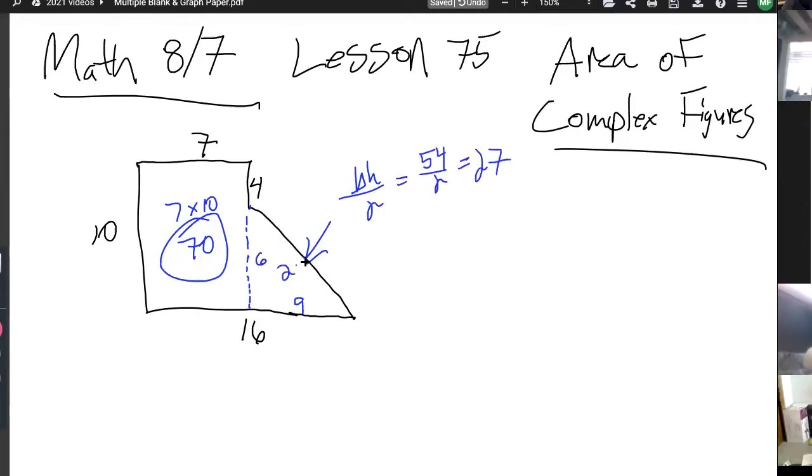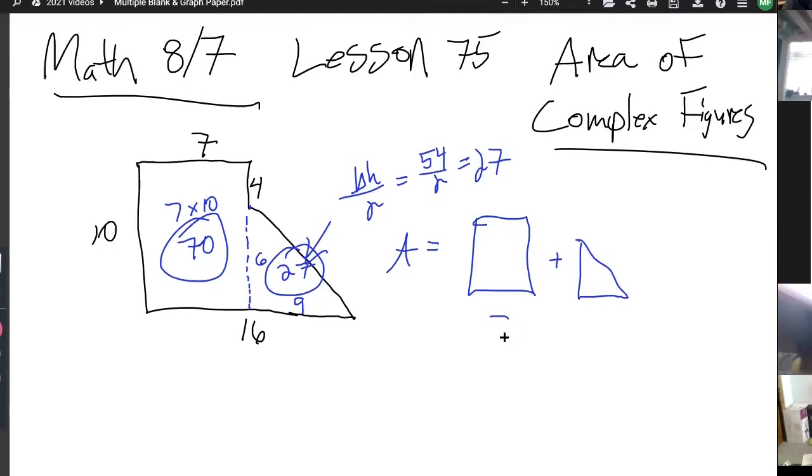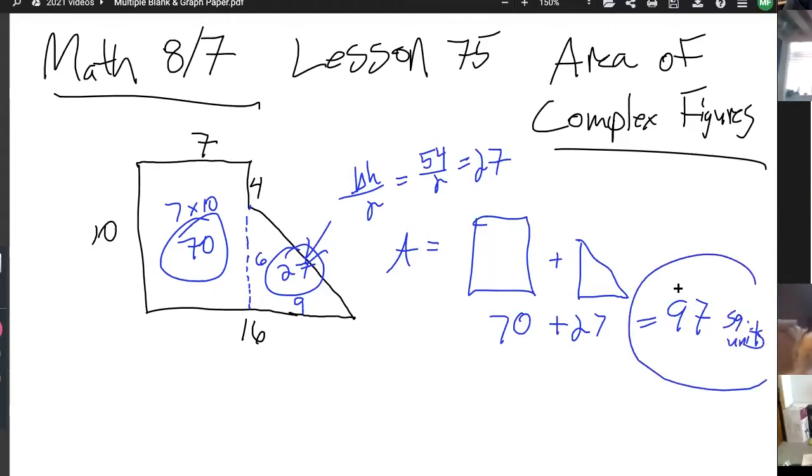So this guy is 27. So the area is just going to be this rectangle plus this little triangle. So that's just 70 plus 27, which is 97 square units. So far, so good. That's pretty doable, right?